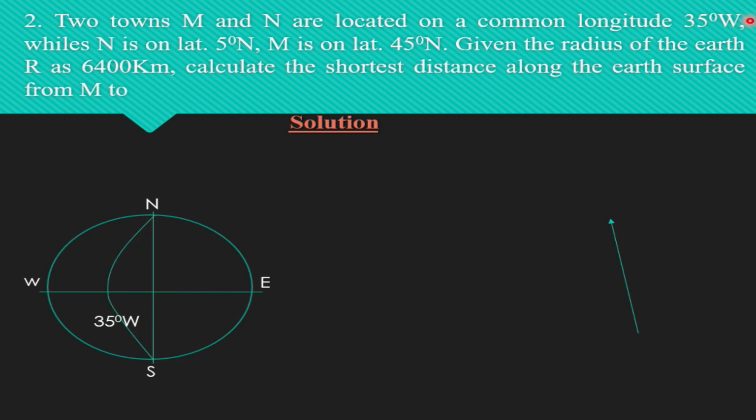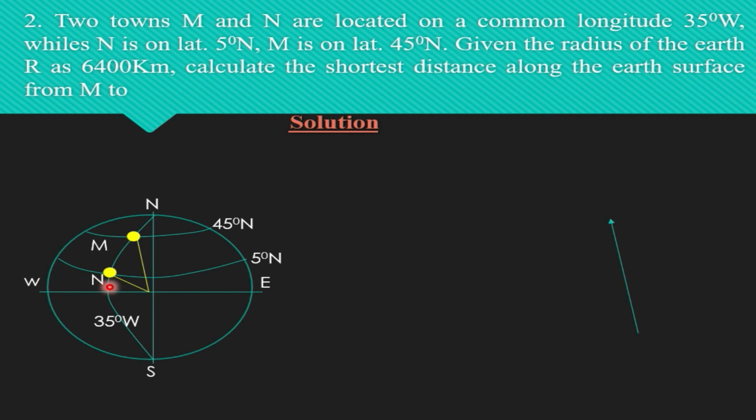So our point is 35 degrees west, so it will be on this side. And now N is on 5 degrees north, so I'll draw 5 degrees north on top. And on the same plane we have 45 degrees north. So they are all moving on the same plane. Then we label them point M and then point N.